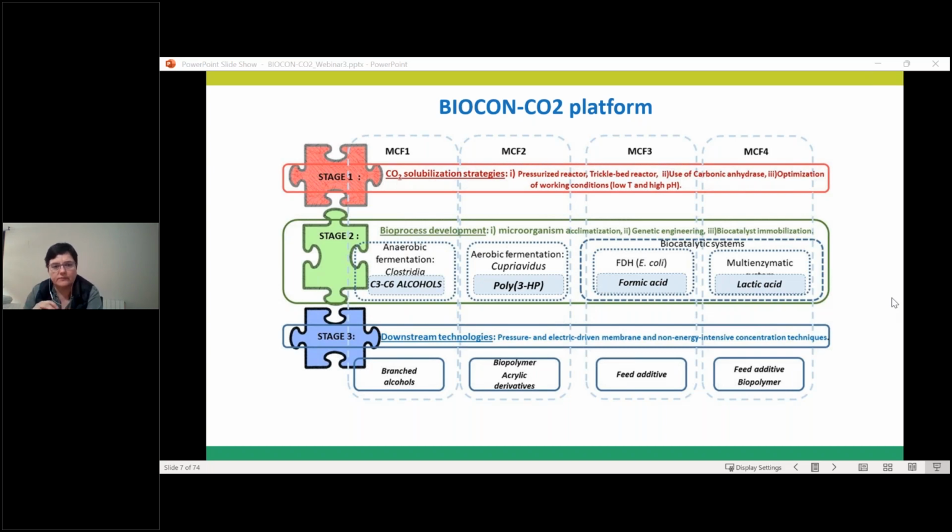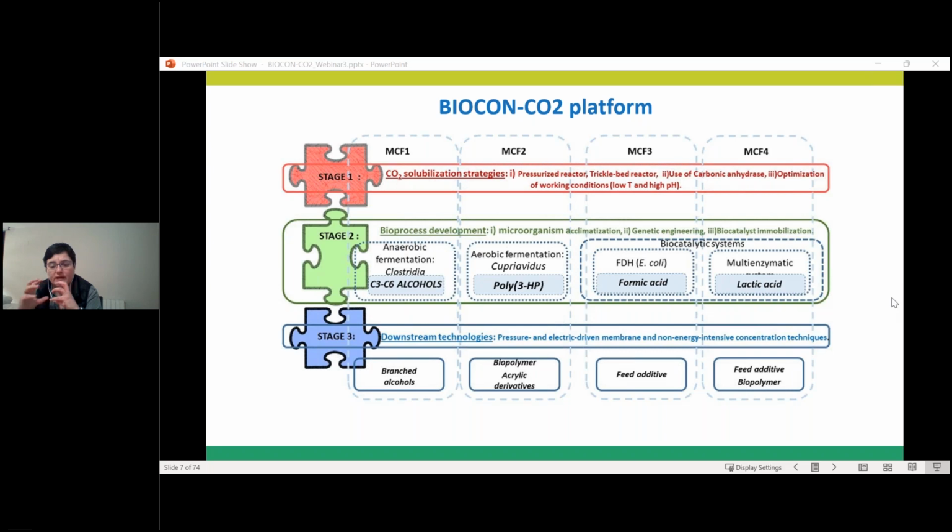Here we will see after that in one presentation one of the technologies that we are developing during the project. The second stage of this process is the microbial cell factory development itself. And the third stage of the project is the downstream technologies. You will see also several strategies that we are studying during the project in the later presentation.